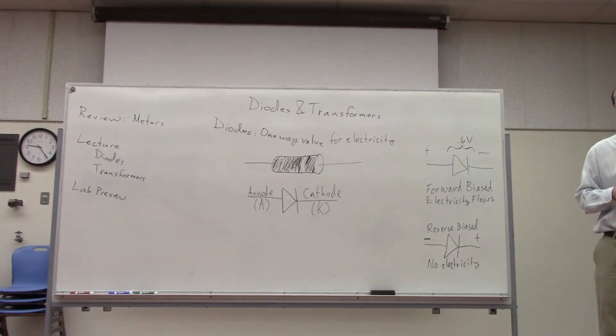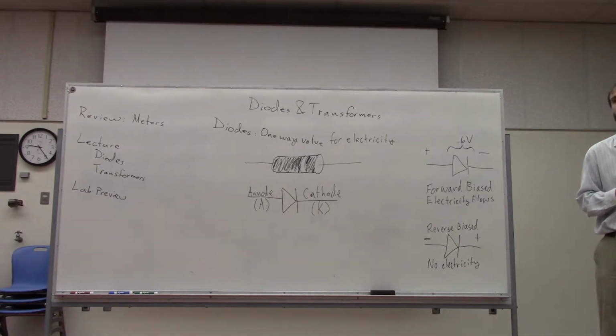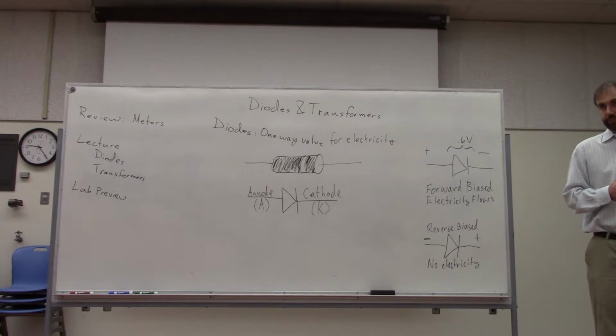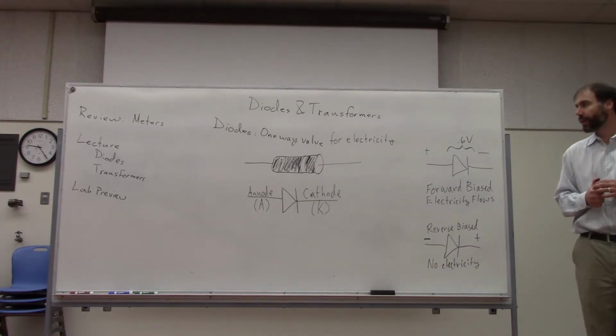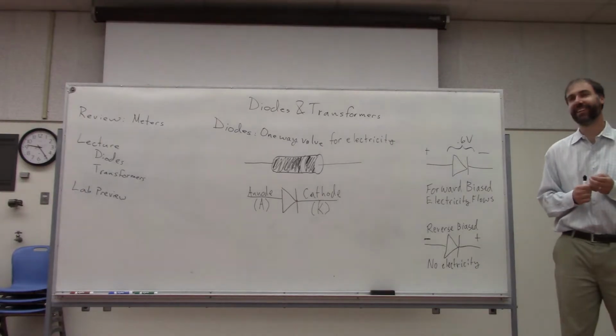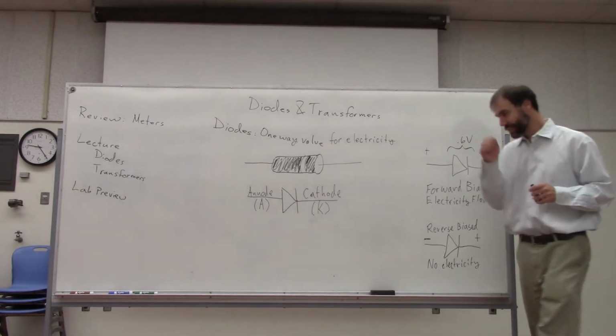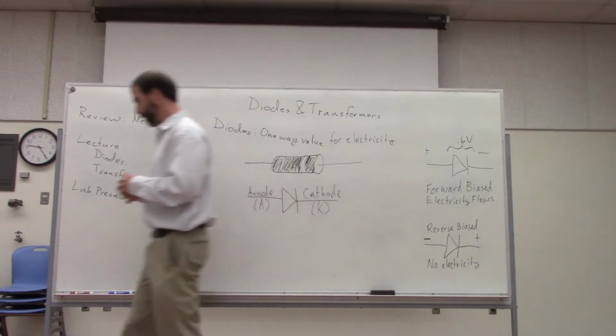Yes? Is the cathode, is it using that 0.6 voltage? Is that what it's using to hold it back? Why is there a voltage drop? Yeah, so it's a little bit complicated. So we can talk about that briefly.